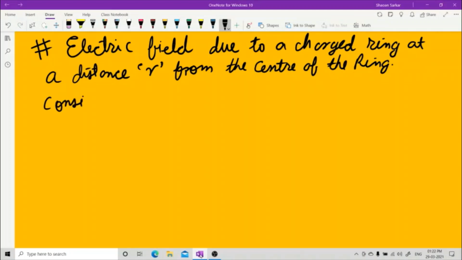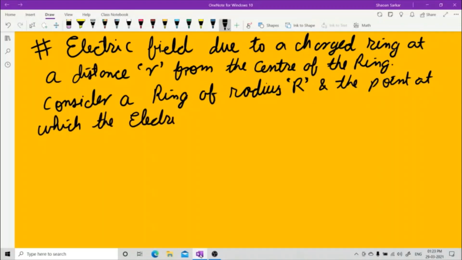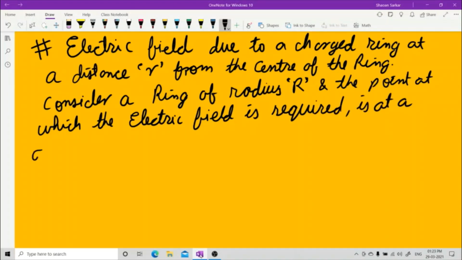Consider a ring of radius r, and the point at which the electric field is required is at a distance r.